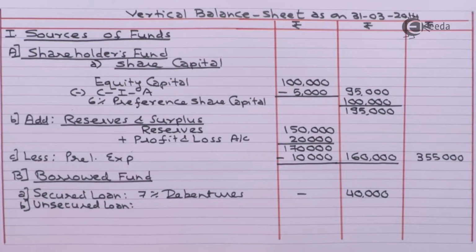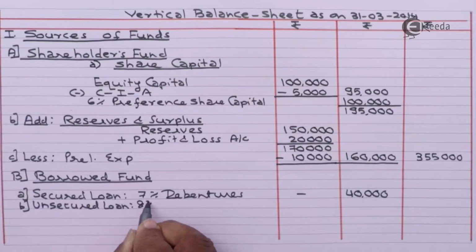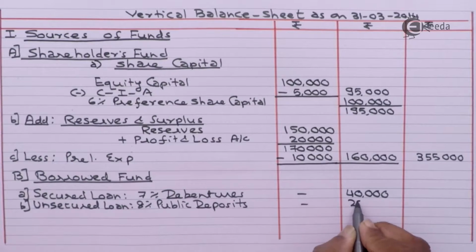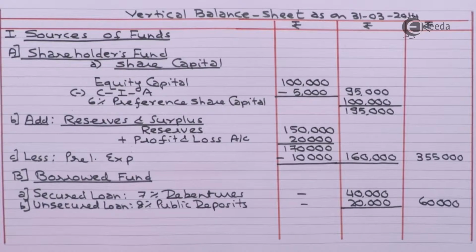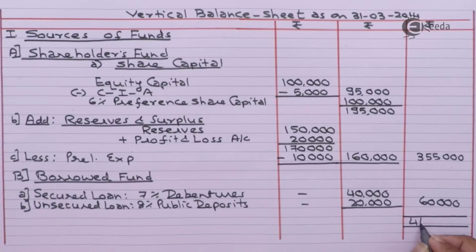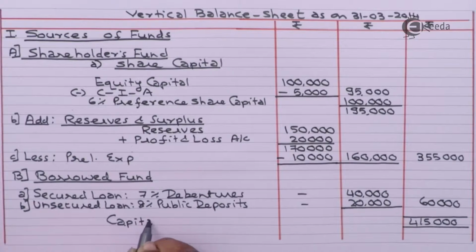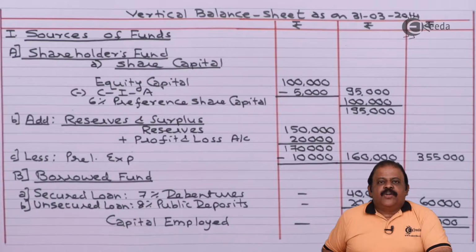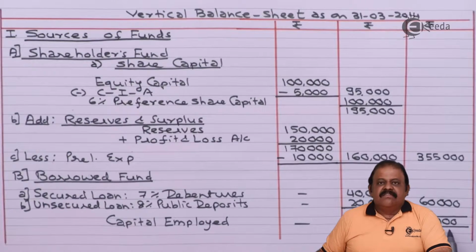Next, unsecured loan 8% public deposits 20,000. Total borrowed funds 60,000. First part of balance sheet, total capital employed 4,15,000.